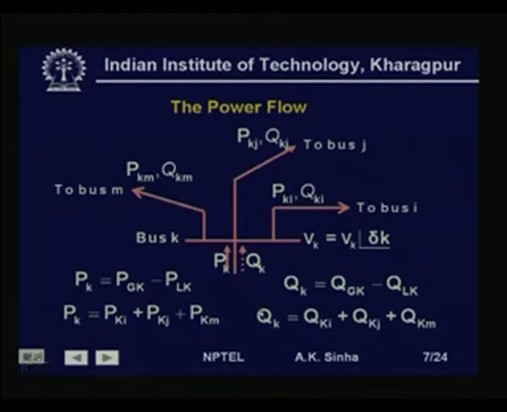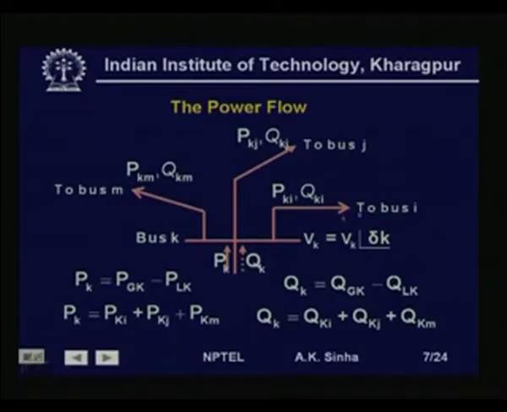That is, what we are saying is that the real and reactive power injection at a bus is nothing but equal to the algebraic sum of the real and reactive power flowing out of the bus, or the negative of the real and reactive power flowing into the bus.